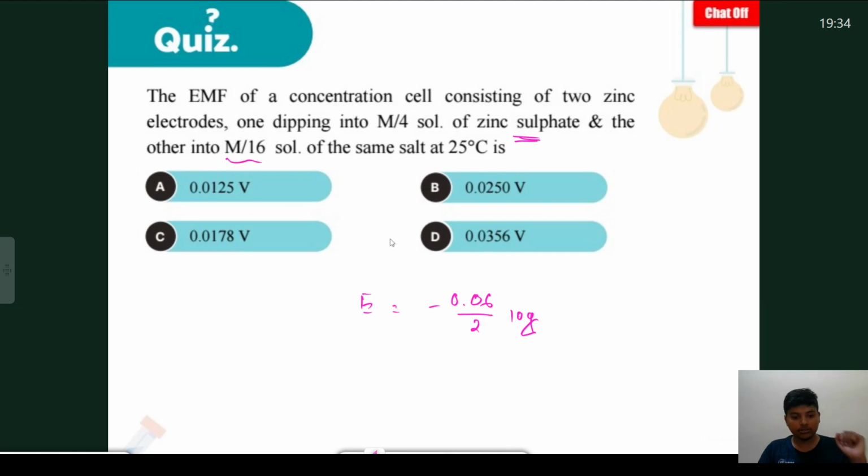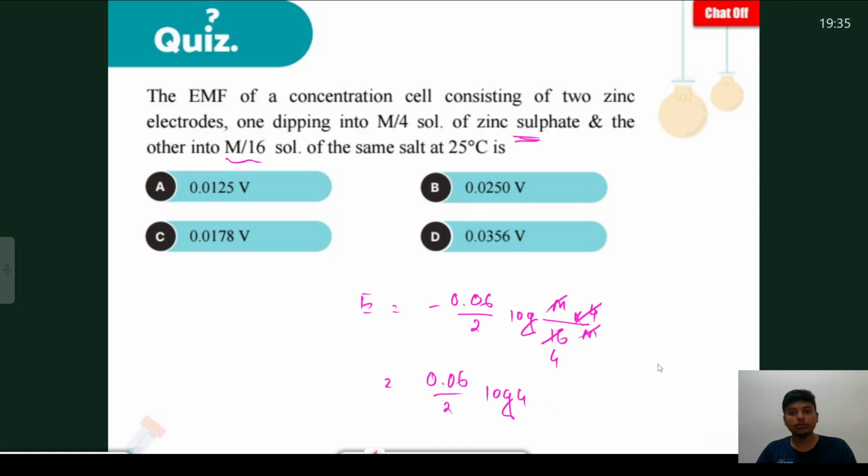M/16 is the low concentration, so M/16 into high concentration multiplied with M/4. Clear or no? This will cut, so 0.06 by 2 into log 4.